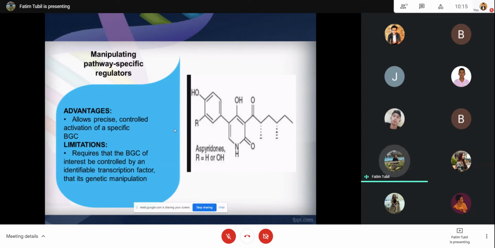HTS identifies target proteins, such as establishing that a gene is important for survival.